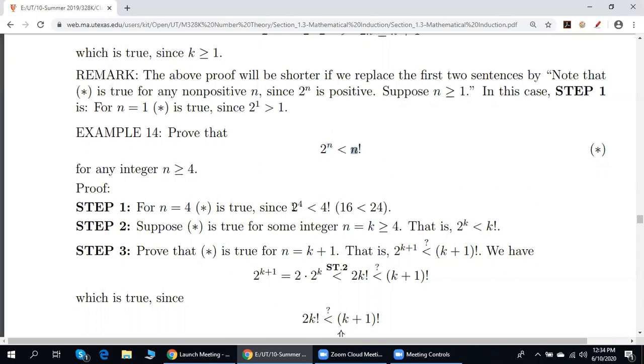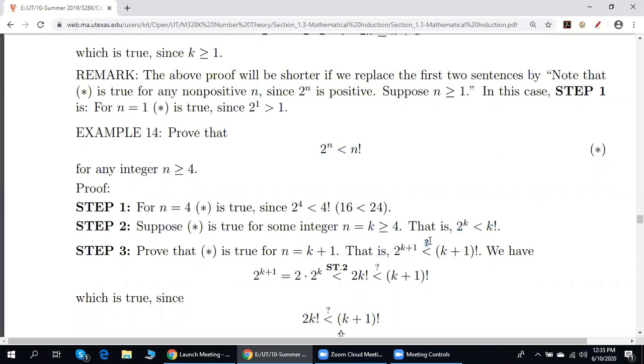The left-hand side is 2 to 4th power, which is 16. 4 factorial is 1 times 2 times 3 times 4, which is 24. True. Step 2. Suppose this is true for some integer n is equal to k, which is greater or equal to 4. Namely this.